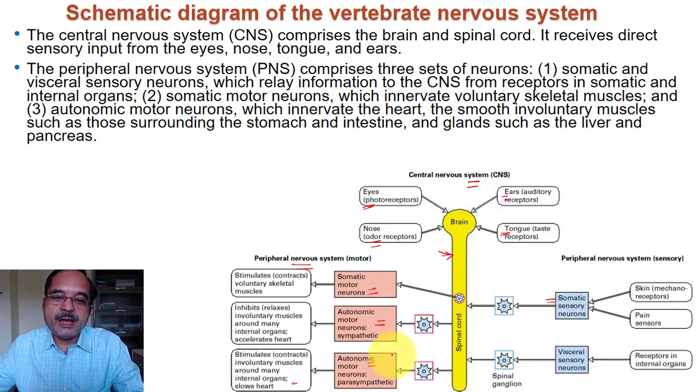The sympathetic and parasympathetic motor neurons cause opposite effects on internal organs.